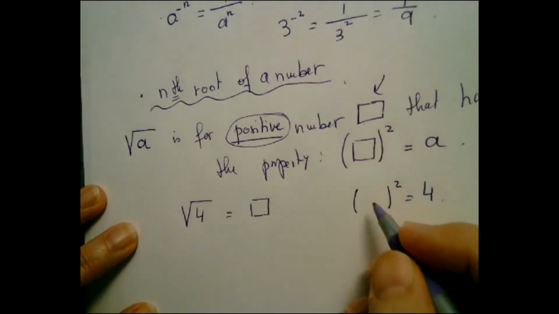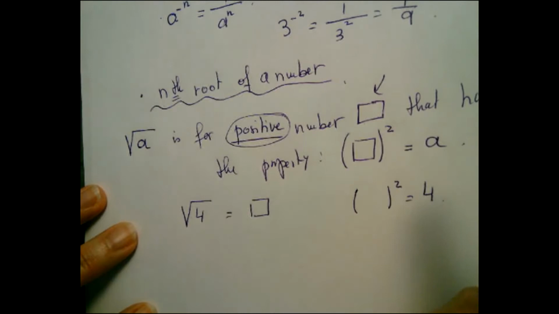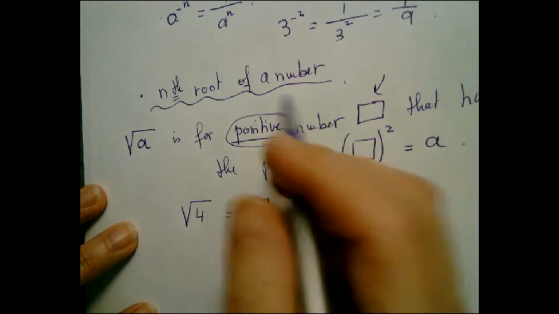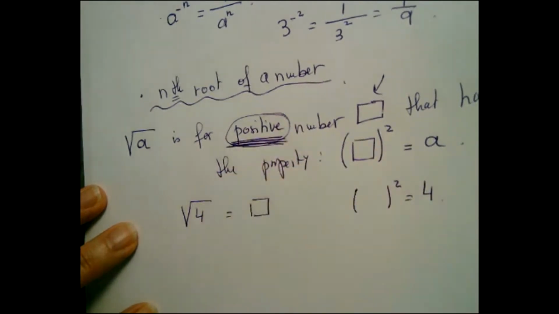And there are two numbers. When you square them, you get 4. There's the +2 and there is the -2. The square root is by definition the positive one. Is that clear? So when I write the square root, it's only positive.